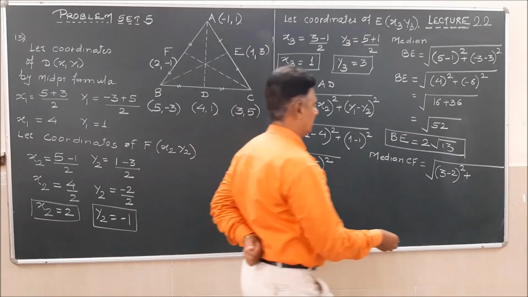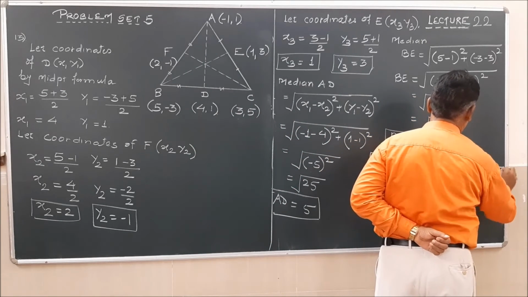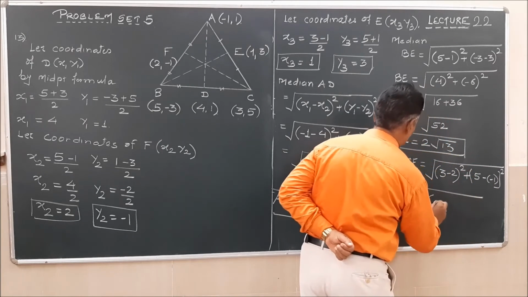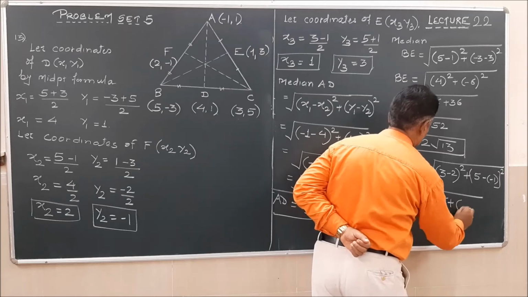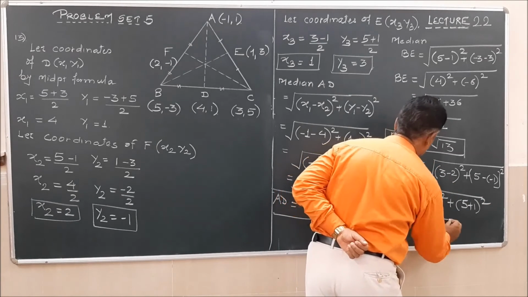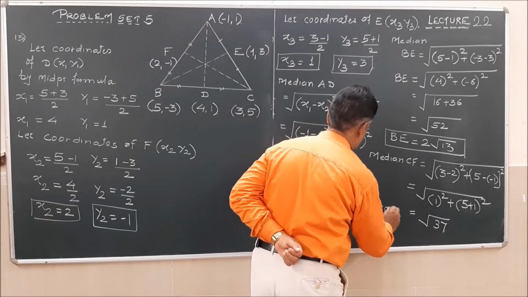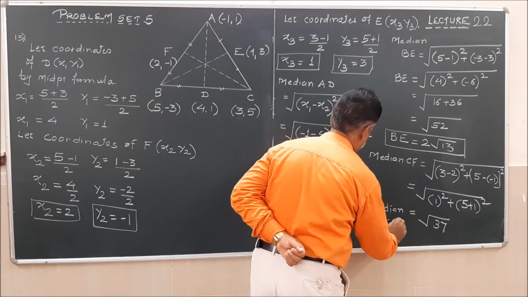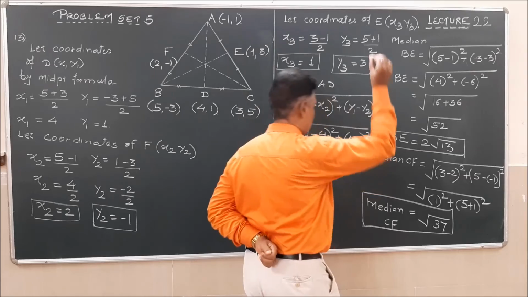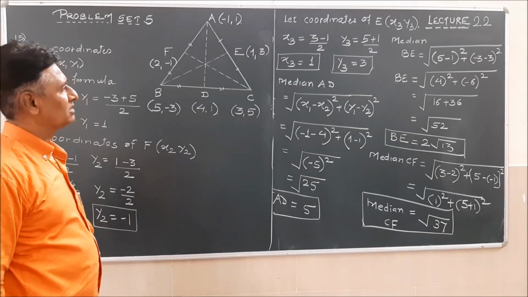Be careful here. 5 minus of minus 1 the whole square. Now 3 minus 2 is 1, 5 plus 1 is 6. That gives you root 37. Length of median CF is root 37.